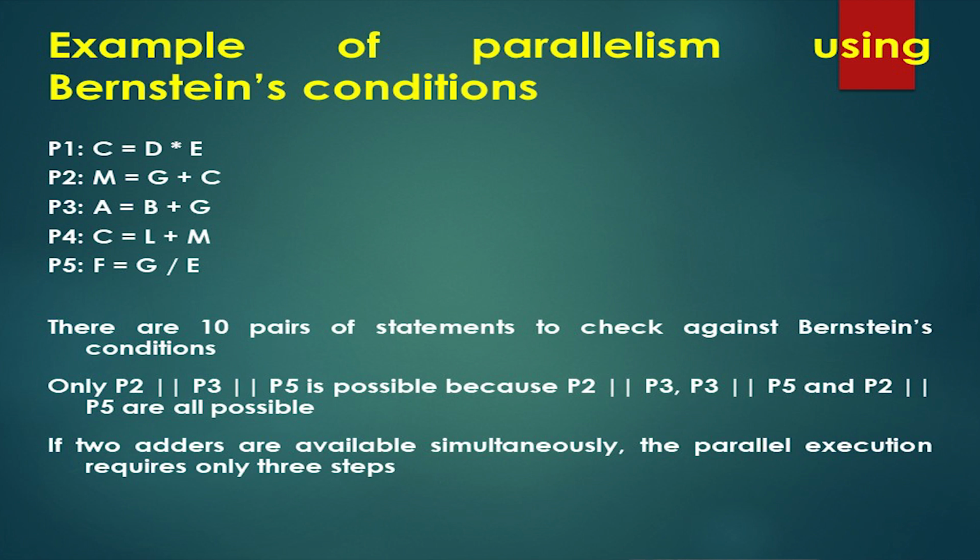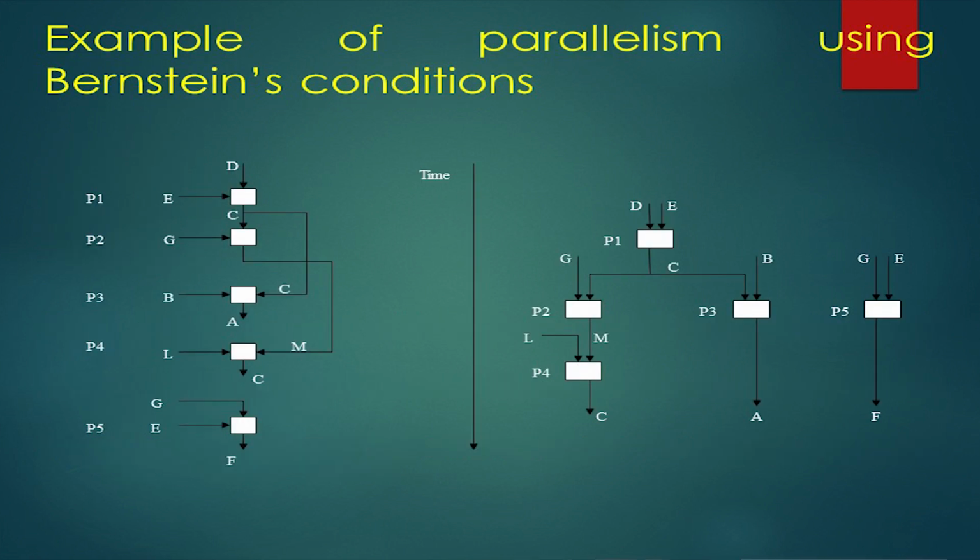They can only execute sequentially. Next, look at the graph. I am using the same example. If we execute sequentially, we need 5 levels. First process 1, process 2, process 3, sequentially.